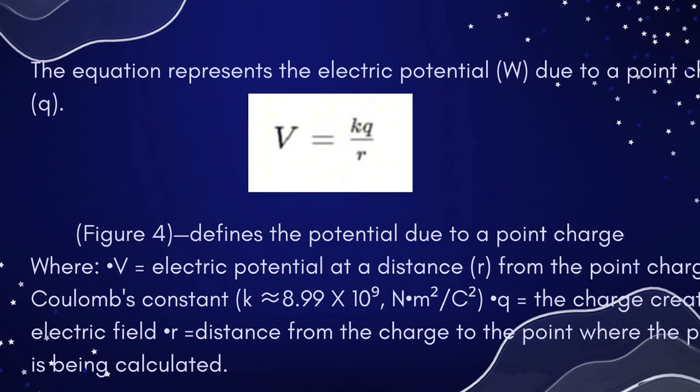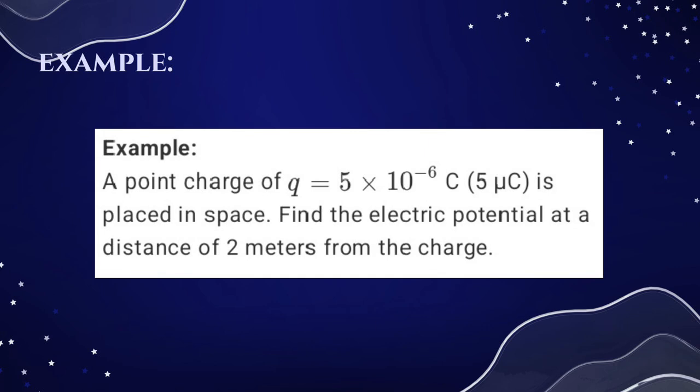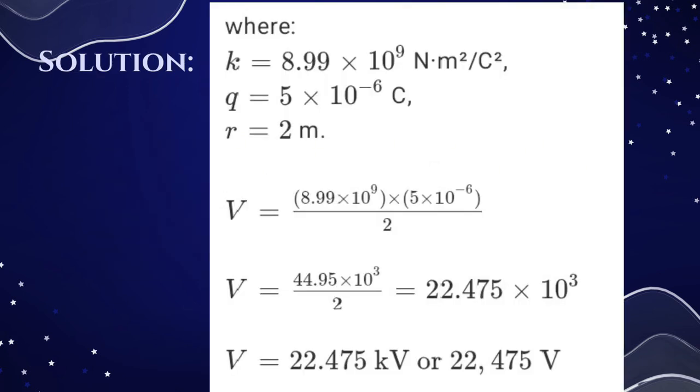So I have here an example. A point charge of Q is equal to 5 times 10 raised to the power of negative 6 C is placed in space. Find the electric potential at a distance of 2 meters from the charge. By the use of the formula, V is equal to KQ over R. So here's the given. K is equal to 8.99 times 10 raised to the power of 9.